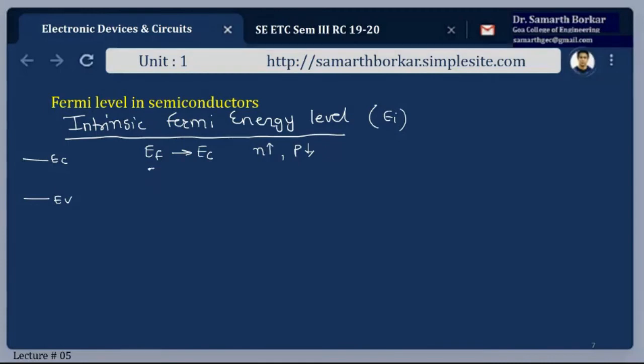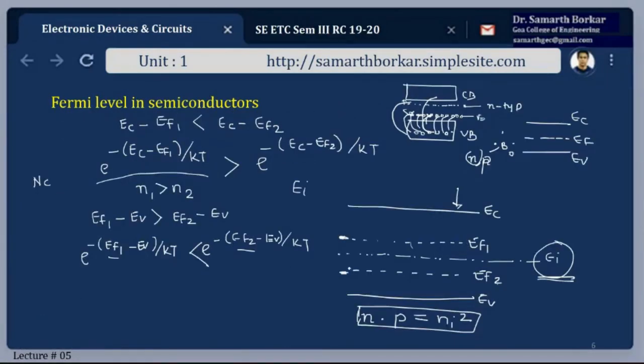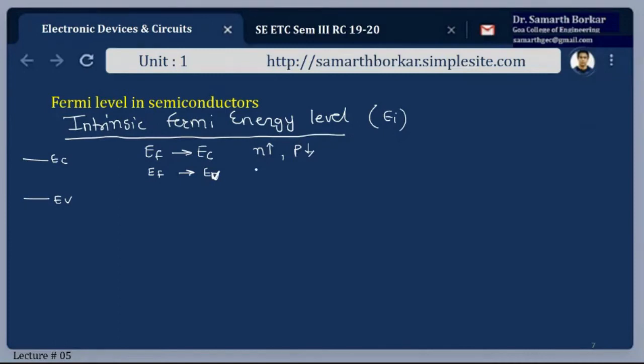When the Fermi level moves towards EV, what is happening is that the number of electrons is decreasing and the number of holes is increasing. Now, we had started with the equation. Instead of going back to the slide, let me write this again.